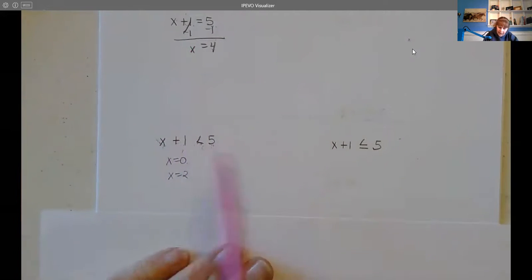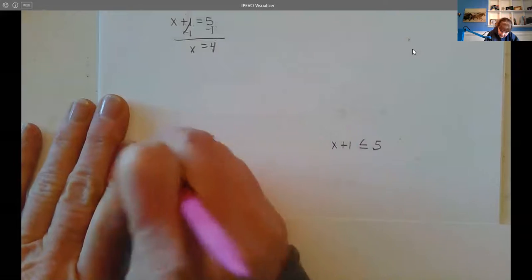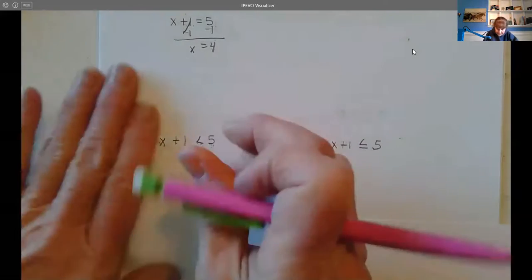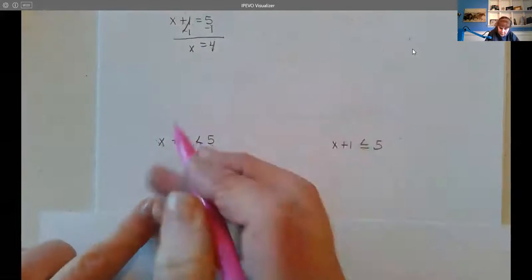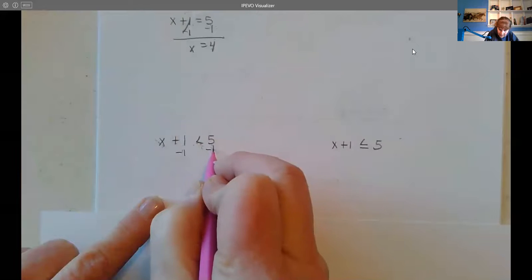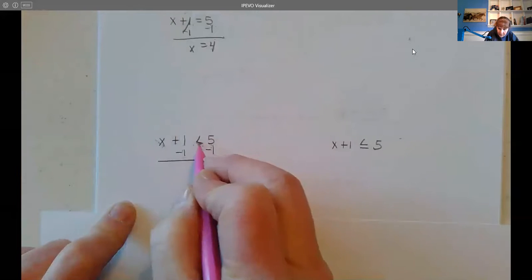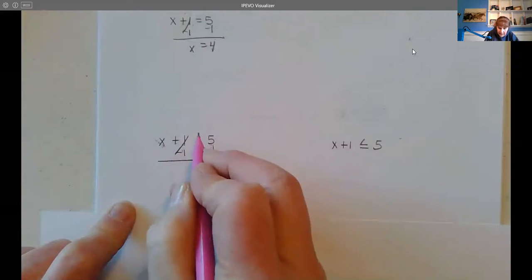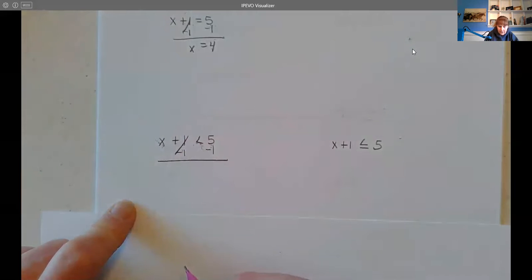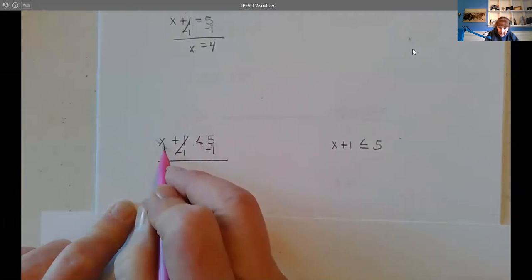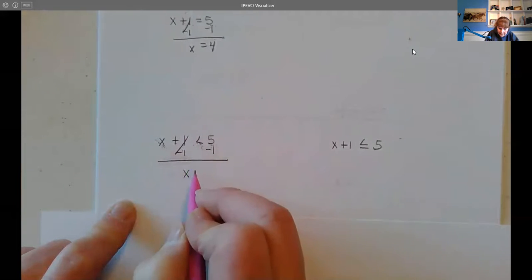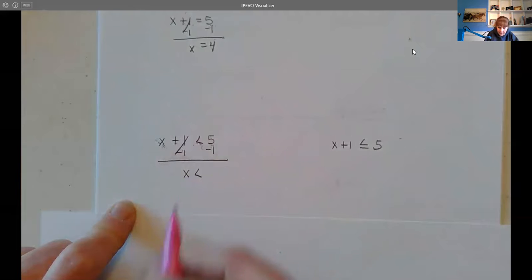Okay. Now here, we're going to solve this. We're going to subtract 1, just as if it were an equal sign. So don't let the fact that it looks different bother you. It's just an equal sign. x is less than, that's how that's read, less than the smaller end, 4.